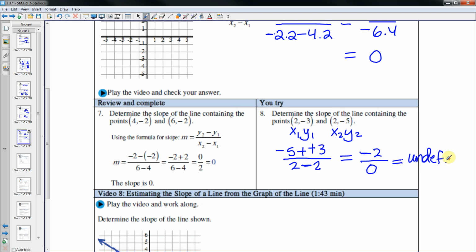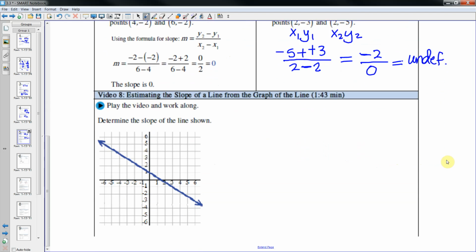Okay. Alright, so here's one, determine the slope of a line shown. And on this one, we are just going to have to figure out a couple of nice points because it doesn't give me any dots. So I'm looking and I see, let me get a red. Looks like we have a good point here at 0, 1. And then just look for a nice point that goes across.